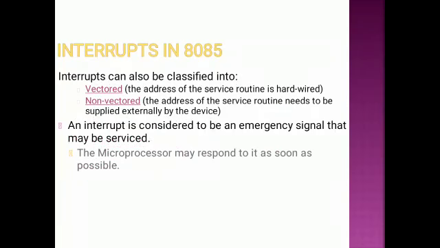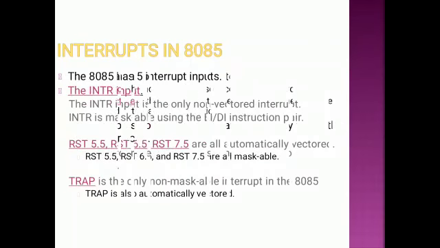Interrupts can be further classified into two types, vectored or non-vectored. Vectored means those interrupts are hardwired. Non-vectored means the address of the service routine needs to be supplied externally by the device. In other words, we can say interrupt is considered to be an emergency signal that may be serviced as soon as possible by the processor.